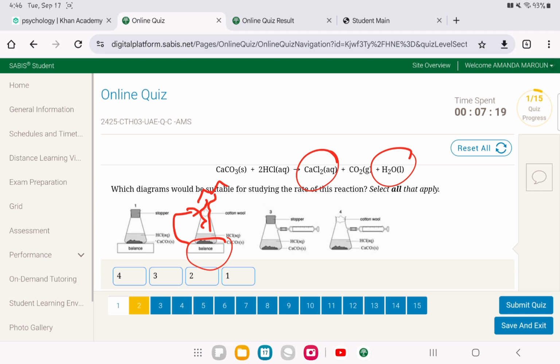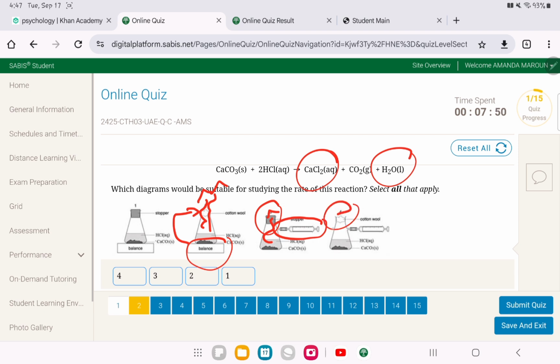Now, if we need to measure the volume of a gas, okay, we need to use this device. We need to use the syringe to measure the volume. That means there has to be a stopper to stop the gases from escaping.